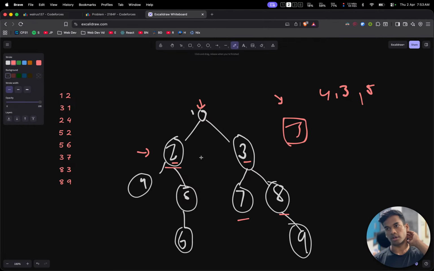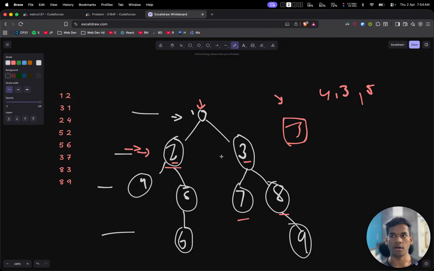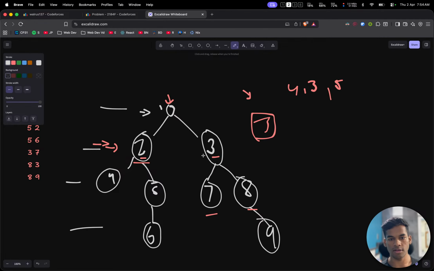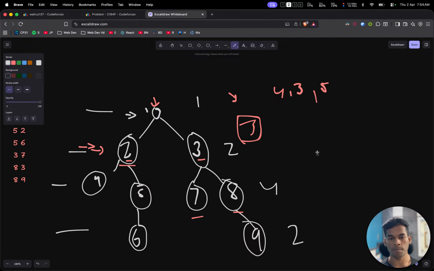Brute force is not a choice because the time complexity would be a lot. At each layer, there is a possible configuration which is the right one. Let's say the size of this layer is 1, the size of this layer is 2, and by size I mean the number of nodes at that layer, here 3, and the total number of subsets for this layer would be 2 power 4, because each node has a possibility of being chosen and not being chosen.